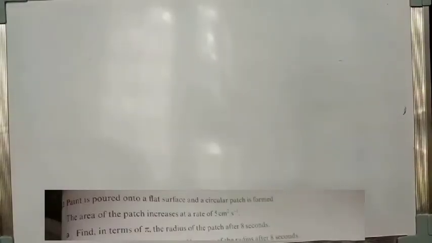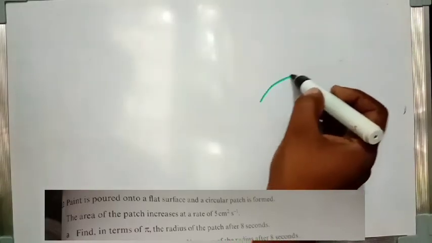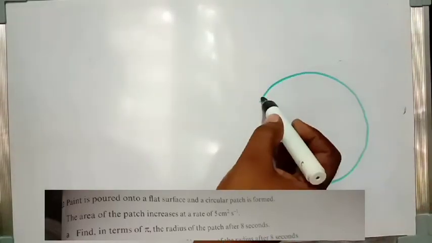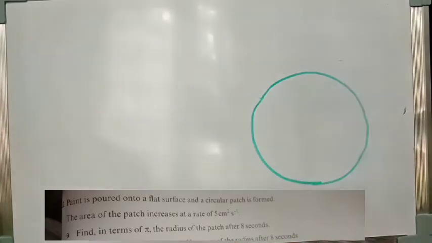In this question, a paint is poured onto a flat surface and a circular patch is formed. So the shape formed is a circle. The area of the patch increases at a rate of 5 centimeters squared per second.